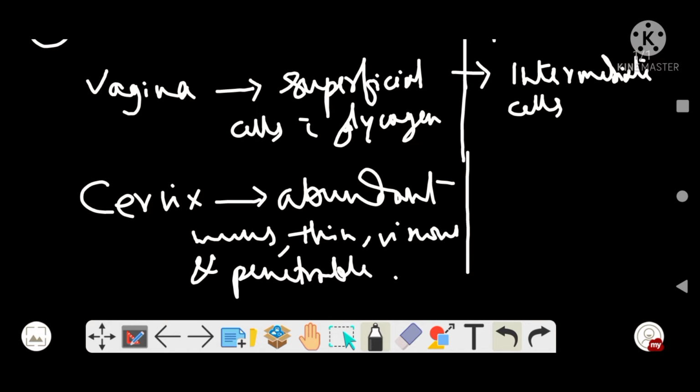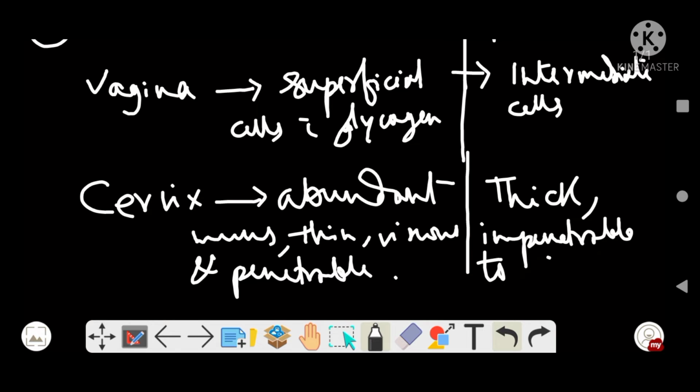Penetrable, right? Whereas under the effect of progesterone, the cervical mucus is thick, so it is impenetrable to sperms, right?